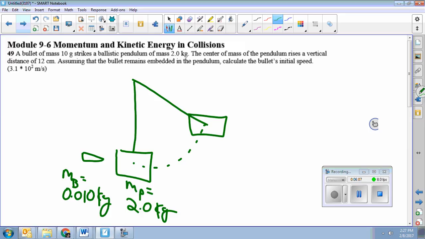So we're gaining, what kind of energy is the pendulum gaining? Gravitational potential energy, right? So let's call this a height of 0, and we'll call this a height of 0.12 meters. Good?